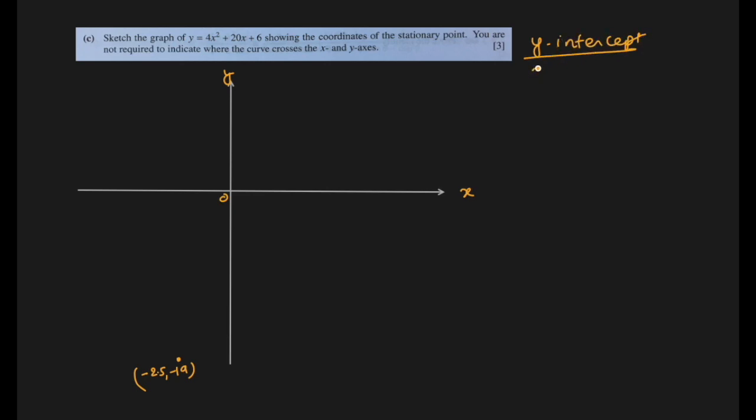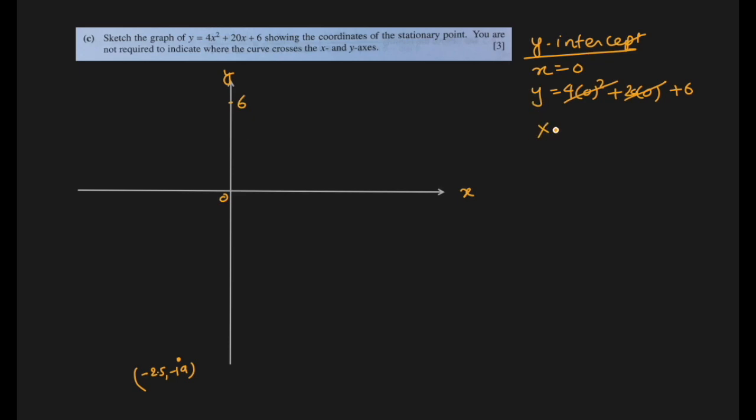For the y-intercept, we put x equal to 0. On the y-axis, everywhere x is 0. So y equal to 4 times 0 squared plus 20 times 0 plus 6. Zeros are 0, so y is positive 6. Suppose it is here. This is our y-intercept.